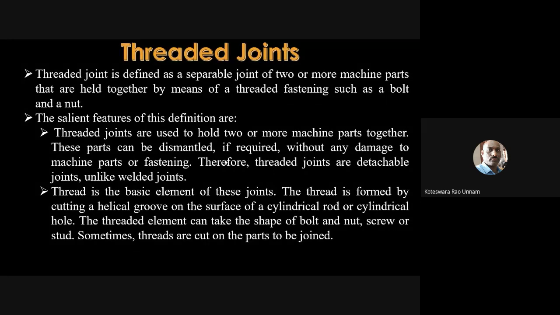If the threads are cut in a cylindrical hole, those are internal threads, and we call that component a nut. Screw and stud also have threads on cylindrical portions only. We'll see what these screws and studs are also.